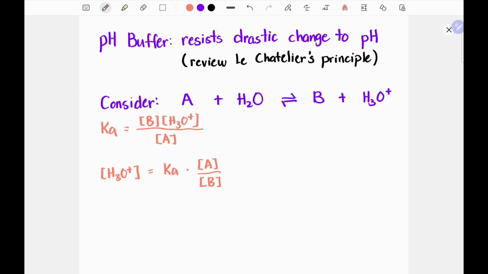I will now apply the negative logarithm to both sides. So the negative logarithm of hydronium ion concentration equals negative logarithm of Ka times concentration of acid over concentration of base. The negative logarithm of the hydronium ion concentration is pH.